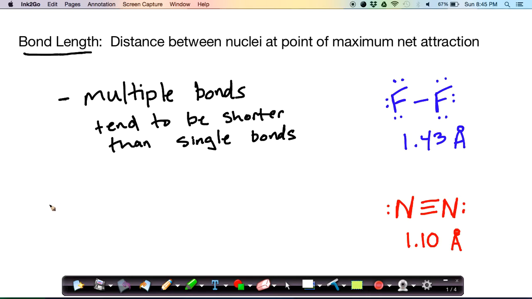And this is significant because of the second generalization about bond length. We see that there's an inverse relationship between bond length and bond strength. So bond length and bond strength are inversely related.